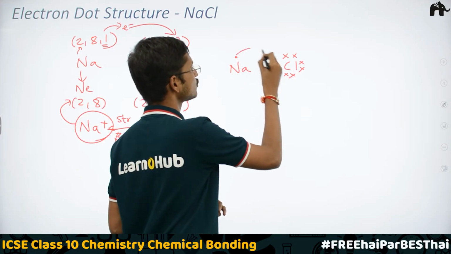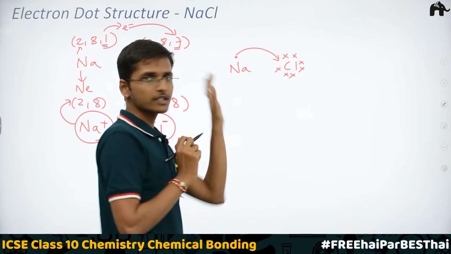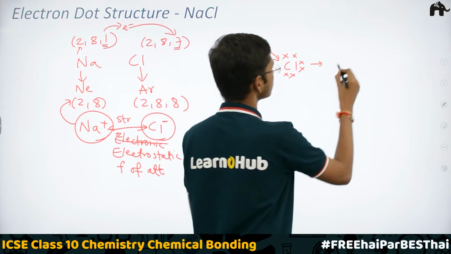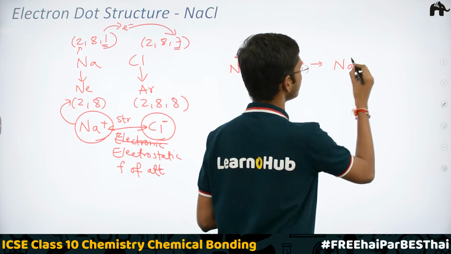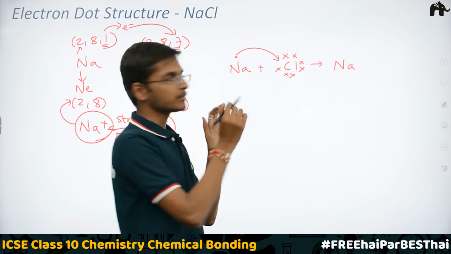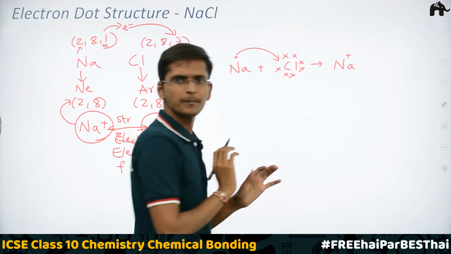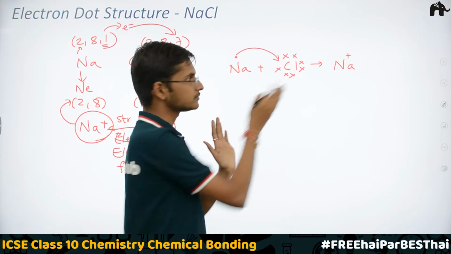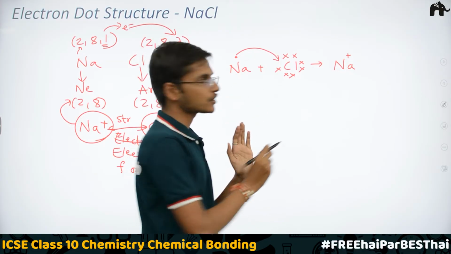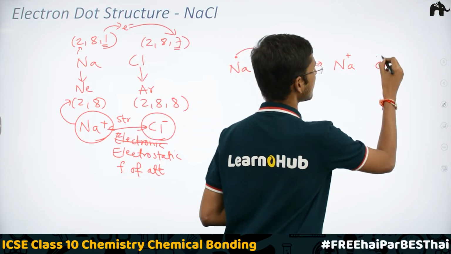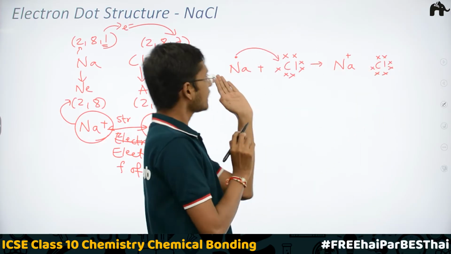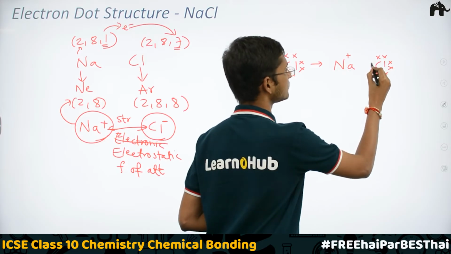Now what happens? We know this sodium atom is losing this electron, chlorine is picking up this electron, and NaCl is getting formed. After losing this electron, Na becomes Na plus, so we would just write Na plus here. No electron now to show here in the compound, and chlorine picks up this electron. So chlorine will have its own 7 electrons this way, and the electron of sodium would come here.